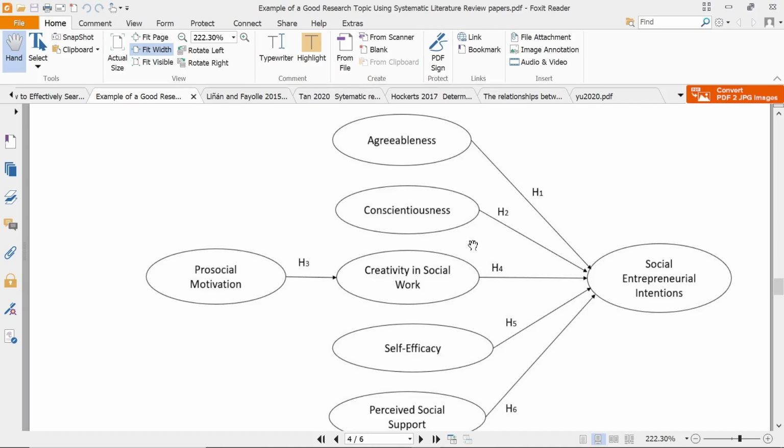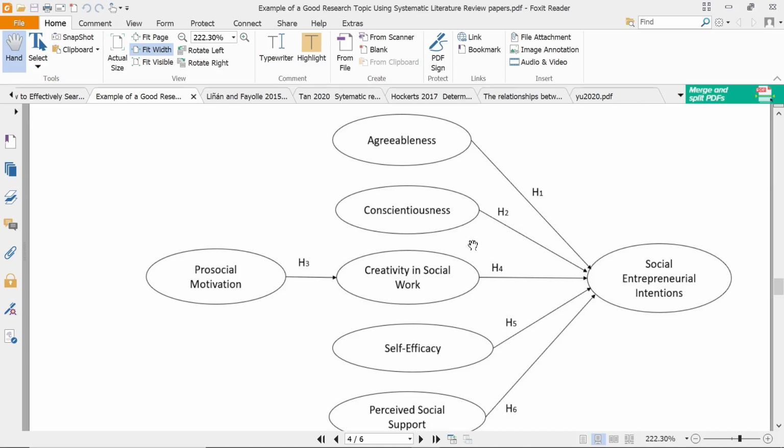Basically, what influences people to set up businesses for a greater cause, like helping the less fortunate people in society. Instead of making profits for personal gain, you make profits to benefit people. So this is what the study is about. So this study is beneficial to society in that way.